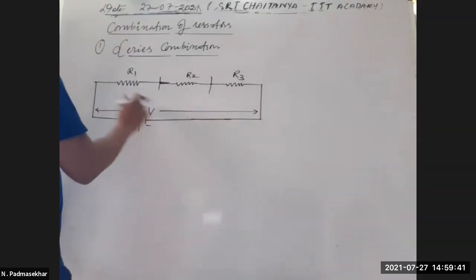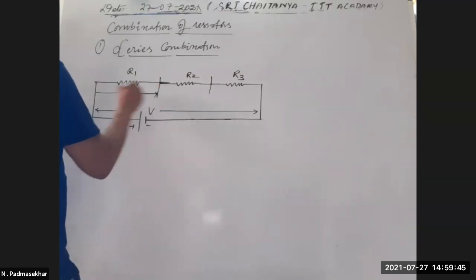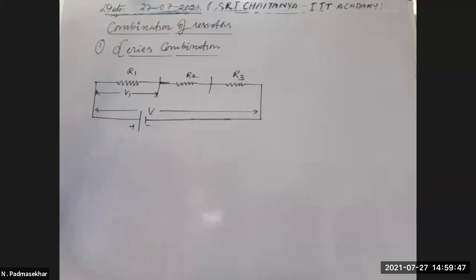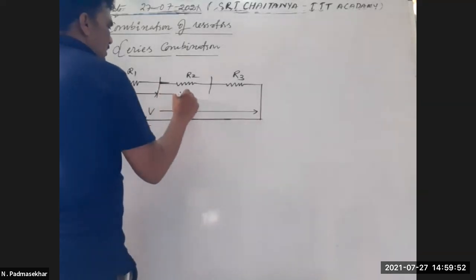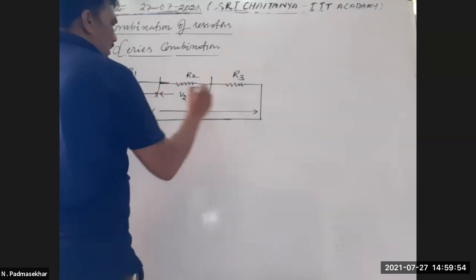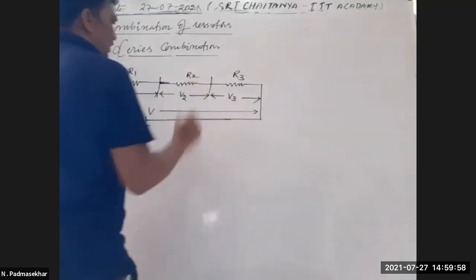And see, the total potential difference is divided across the resistors. So this is V1, V2, V3 in the series combination.